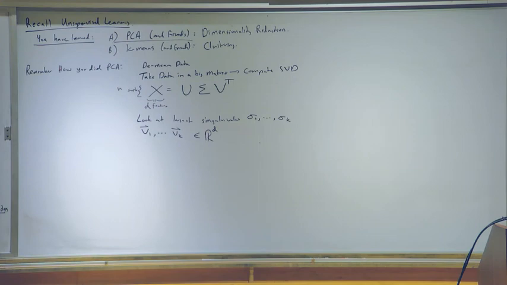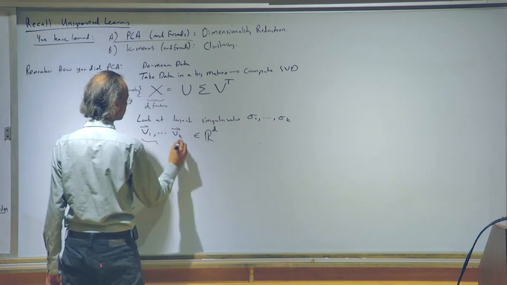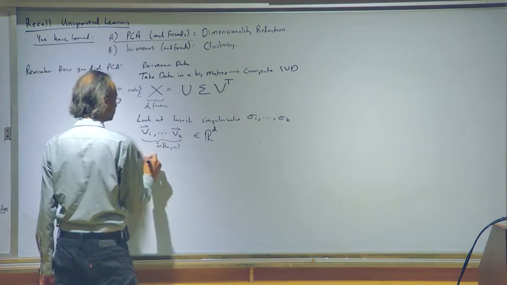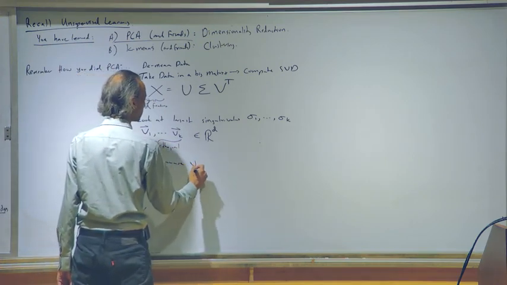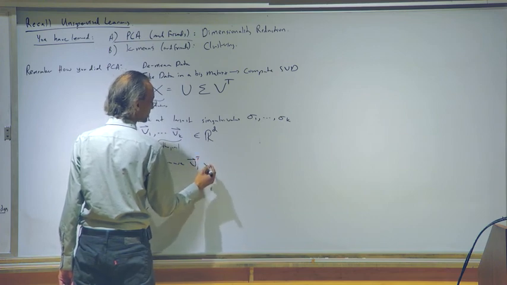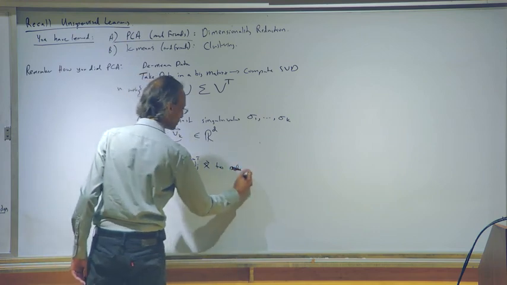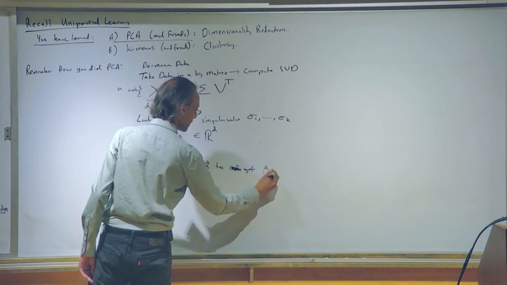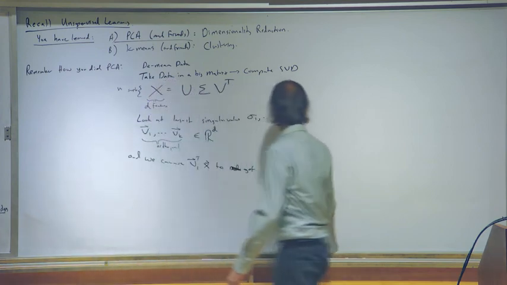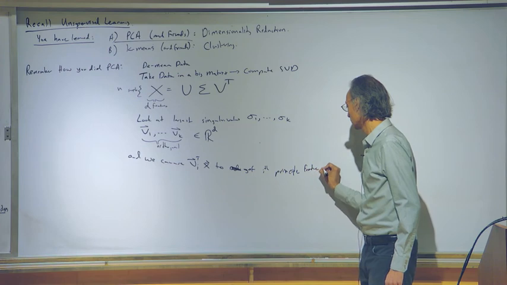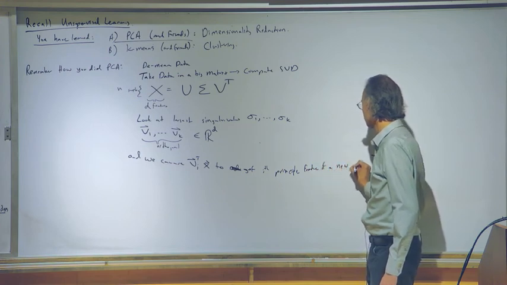They project from the d-dimensional feature space to 1 dimension, each of them. They're all orthogonal to each other. And we can use v_i transpose x to get the ith principal feature of a new point x, potentially.